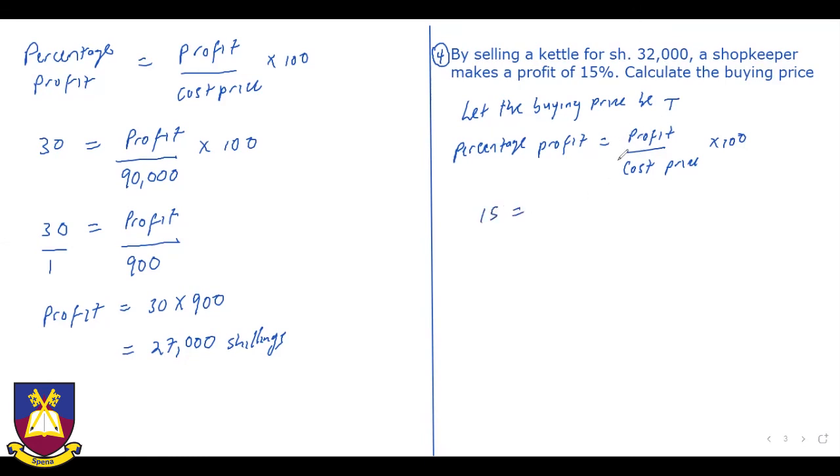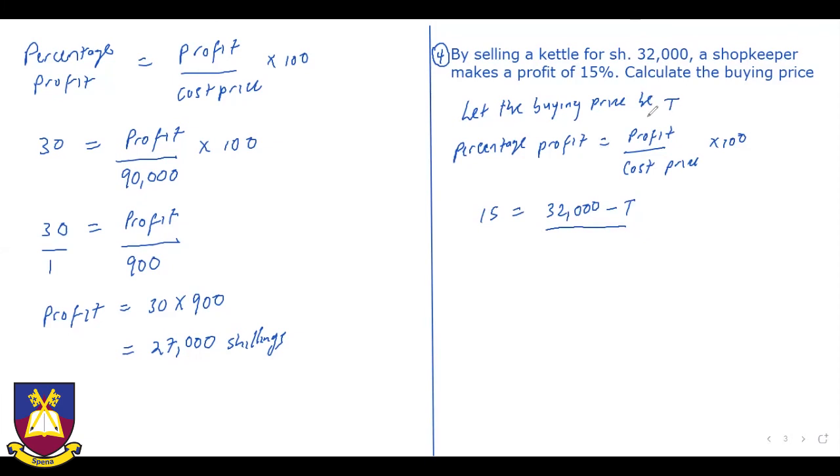So the percentage profit is 15. We don't know the profit, but we know that profit is always equal to selling price minus buying price. The selling price was 32,000 minus the buying price, which is T, out of the cost price. Do we know the buying price?